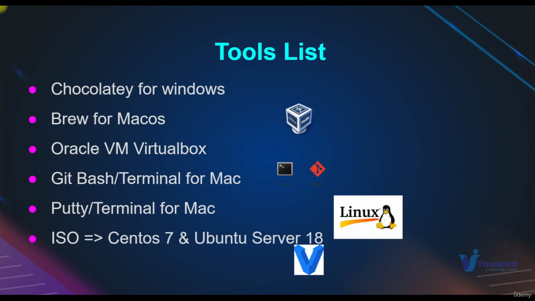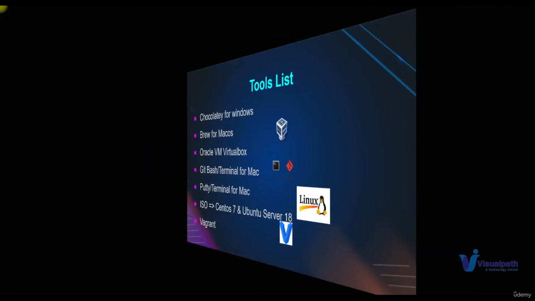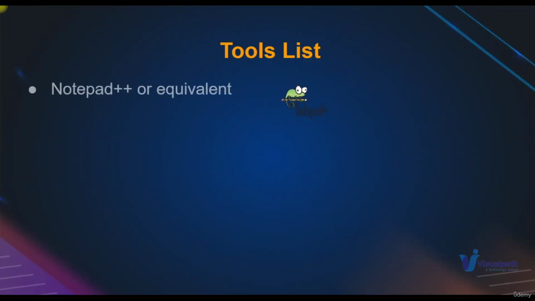We'll also need ISO for CentOS 7 and Ubuntu, which we'll download. And we'll need Vagrant when we automate the virtual machine setup. A few other tools you may have installed already, like Notepad++ or any equivalent editor, or PyCharm or IntelliJ is also fine.